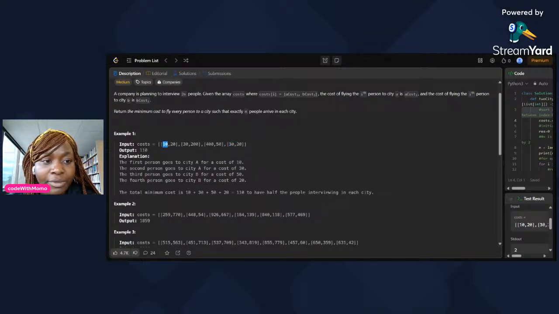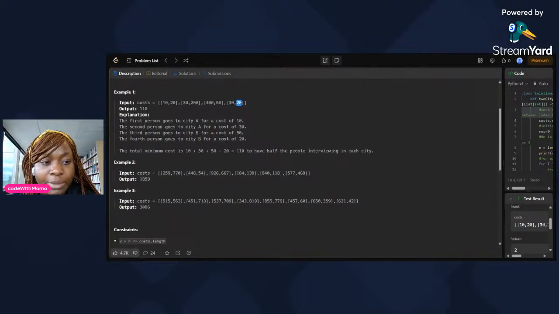This first section stands for the cost of flying people to city A, so that's 10 plus 30. Then the second section is for the people going to city B, which is 50 plus 20. And that's how they got 110. So if we use the same approach to solve this, we'll get the same answer.